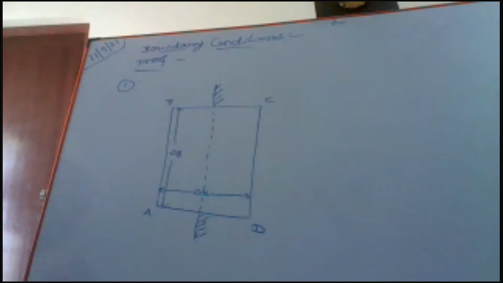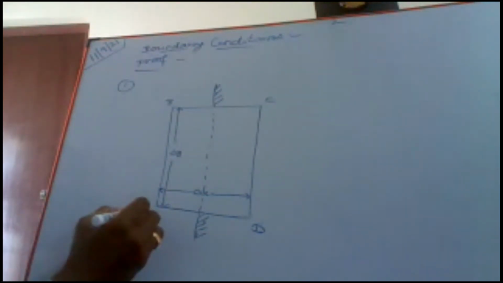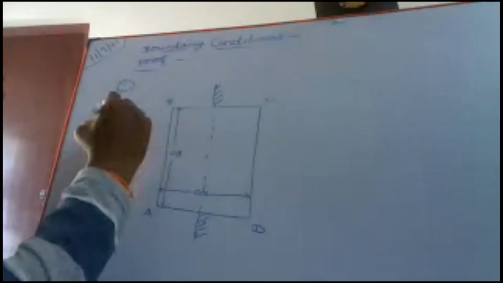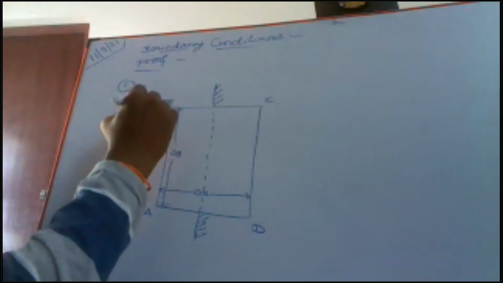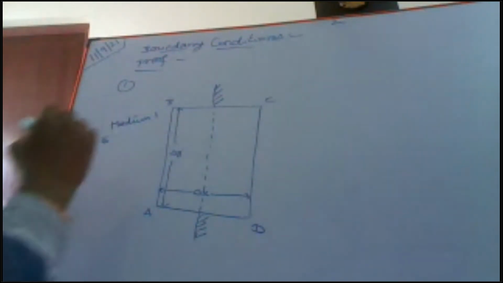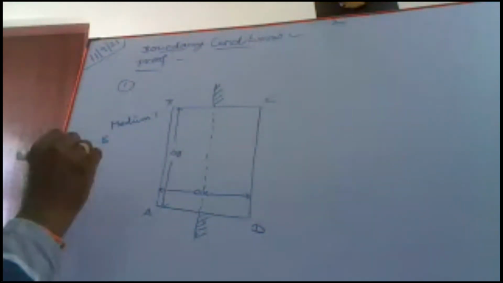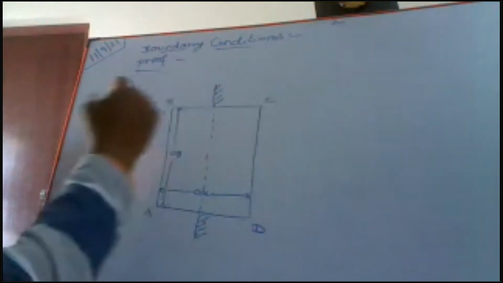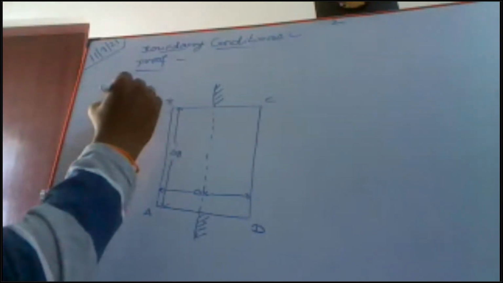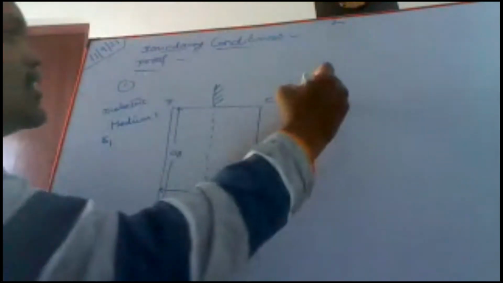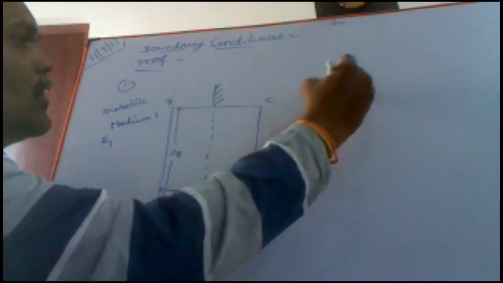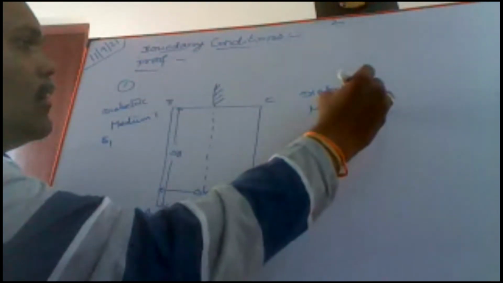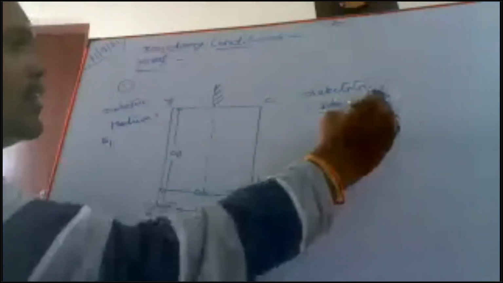Starting from A, the left hand side portion I am going to take as medium 1, wherein my permittivity is epsilon 1. This is said to be the dielectric medium. In the same way, the right side is dielectric medium 2, where the permittivity is epsilon 2.